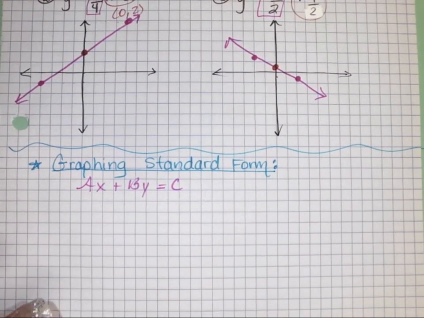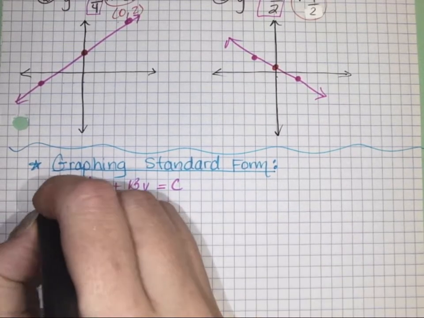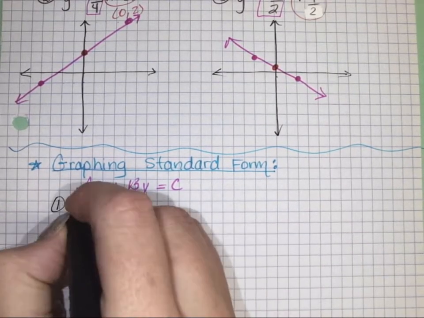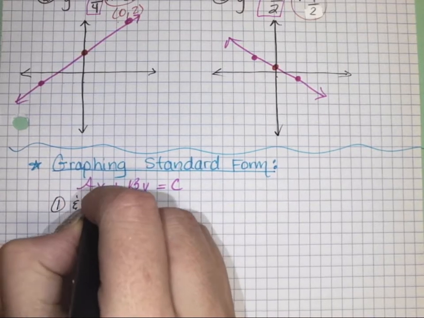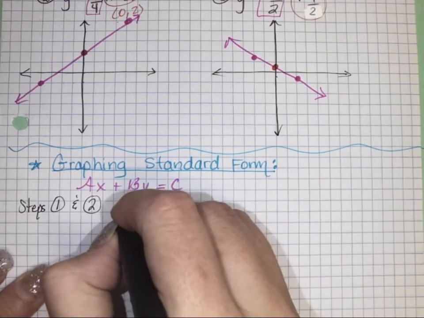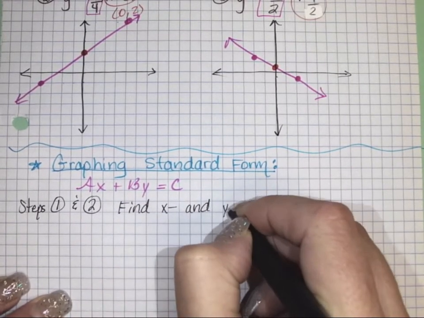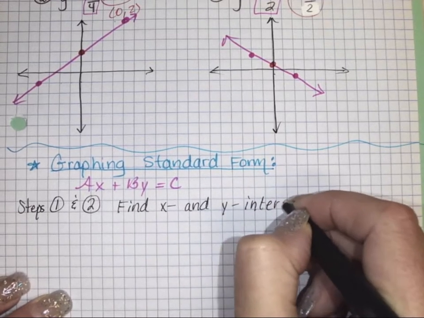So what we're going to do here, and you're going to be asked to do this in your Math Excel, is steps 1 and 2 combined: you're going to find your x and your y intercepts. It's really easy to do that.